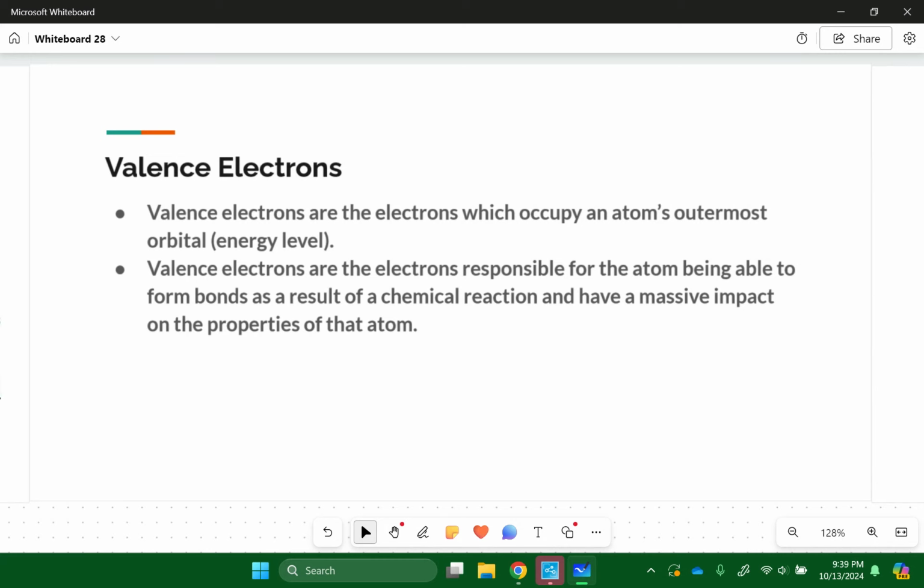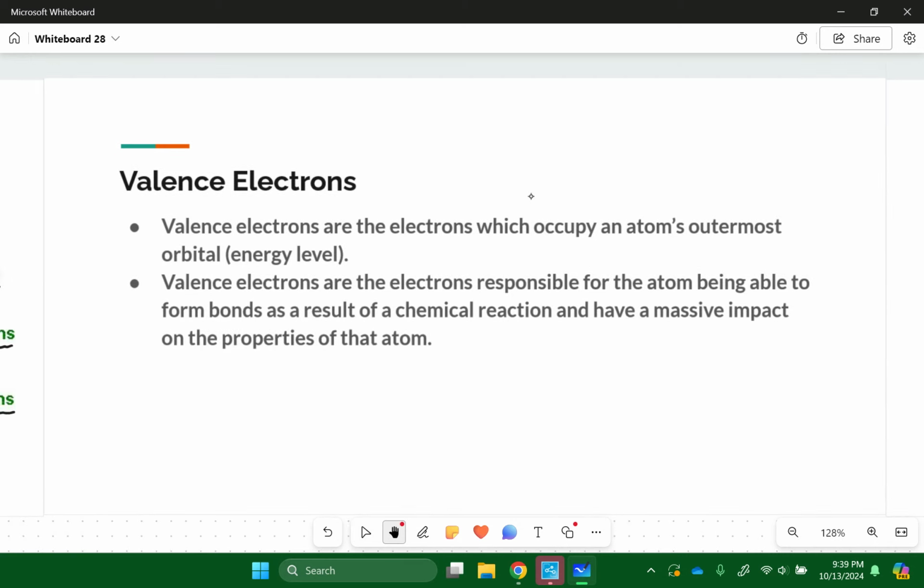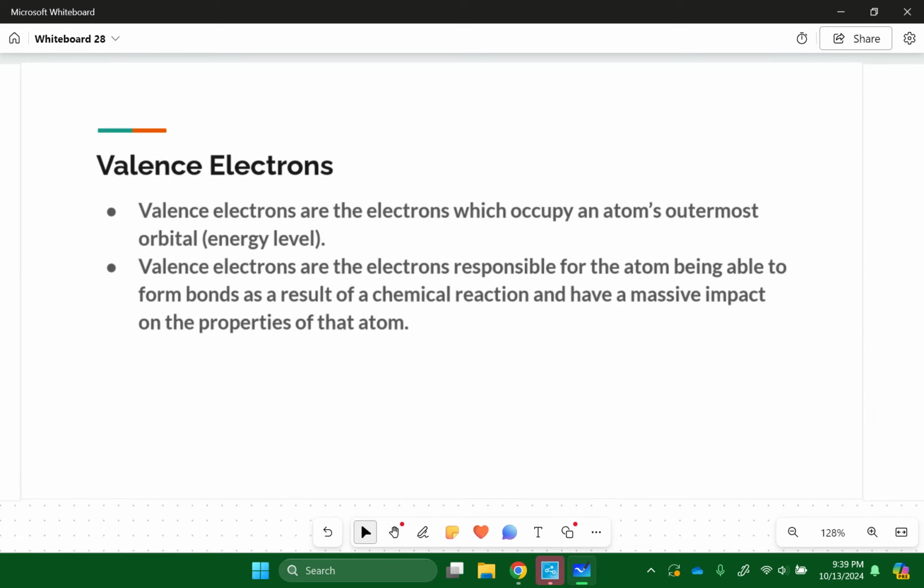Now, before we start looking at Bohr models, there's one more thing I want to talk about, and that's the concept of valence electrons. Valence electrons are the electrons which occupy an atom's outermost orbital or outermost energy level. Valence electrons are the electrons responsible for an atom being able to form bonds as a result of a chemical reaction and have a massive impact on the properties of that atom.